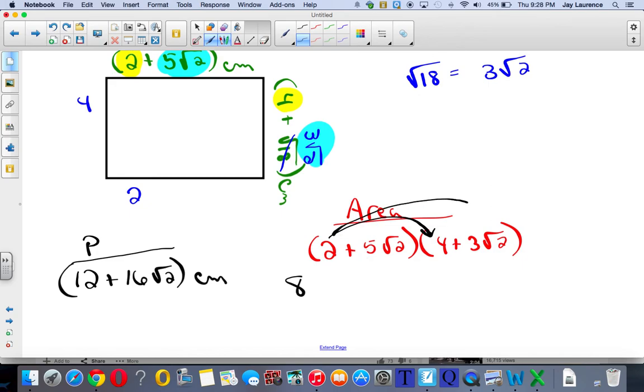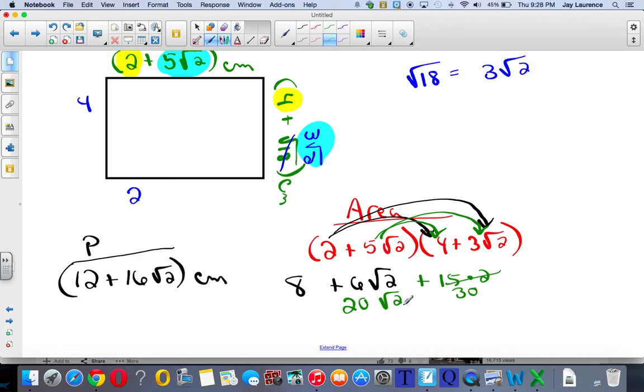I'm going to do 2 times 3 rad 2, which would be 6 rad 2. Here I'm going to multiply 5 rad 2 times 4, which is going to be 20 rad 2. And then I've got to do 5 times 3, which is 15, rad 2 times rad 2, which is 2, so this part becomes 30.